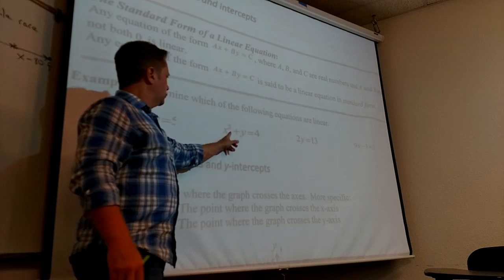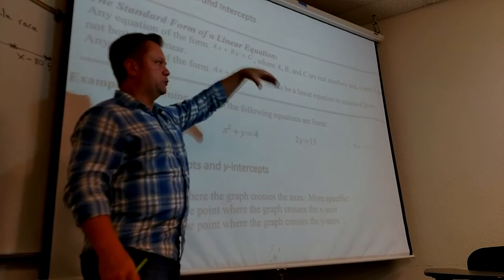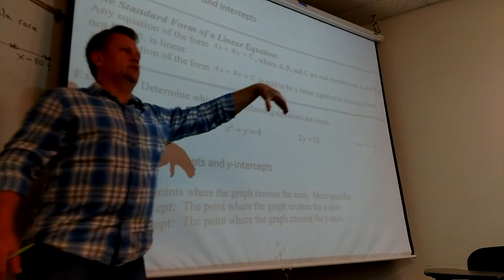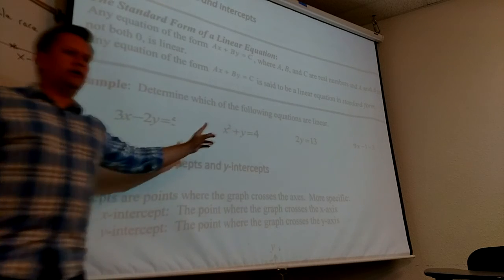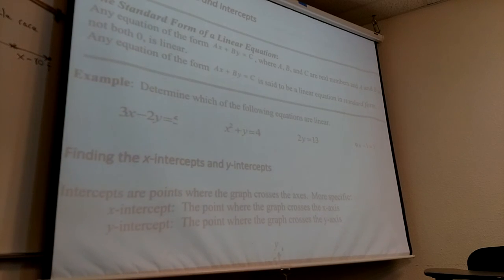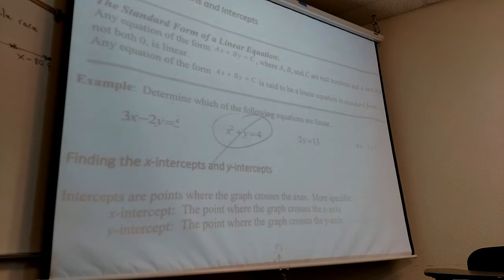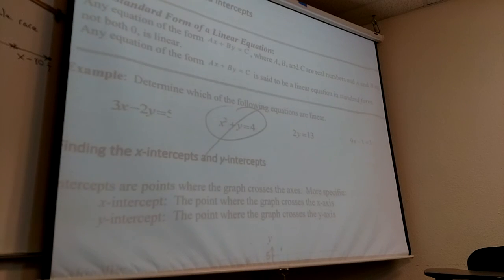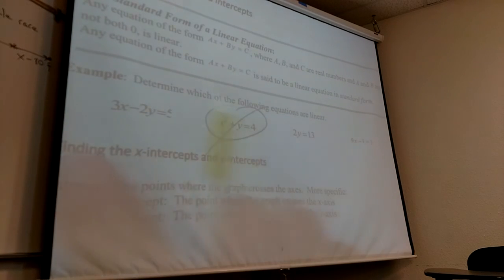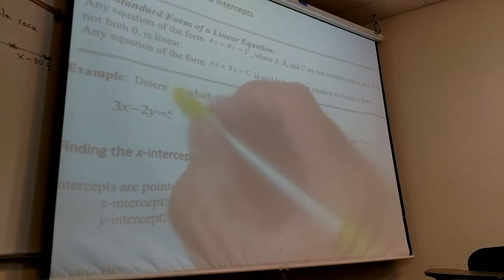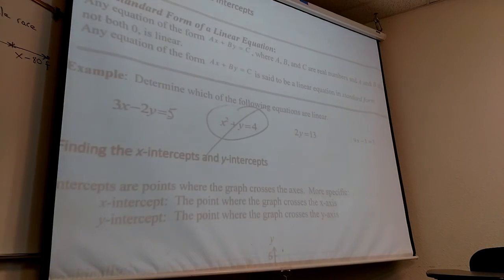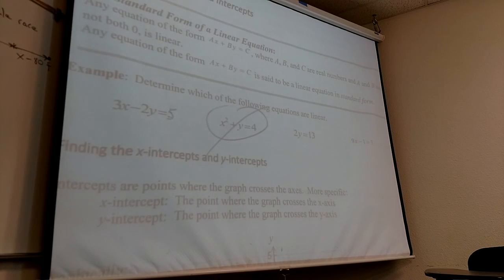Later we'll learn that this will actually be a downward facing parabola. Right now I just need to know it's not linear. So all of them are linear except this one. Is that cool? The rest of them, every variable that I see is to a first power. We're going to assume that that's just a 5. Okay, how are we doing so far? That's nothing major. So what does it take for an equation to be a linear equation or a linear function is all the variables are to the first power.